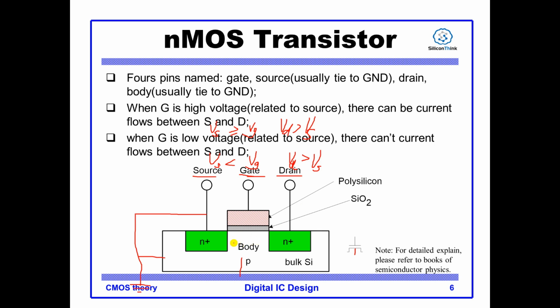So if you are smart, and if you treat this point as diode, and this point as diode, p-type, n-type diode, you think, how can they connect it up? The body is connected to ground, so this diode and this diode must be reverse biased.